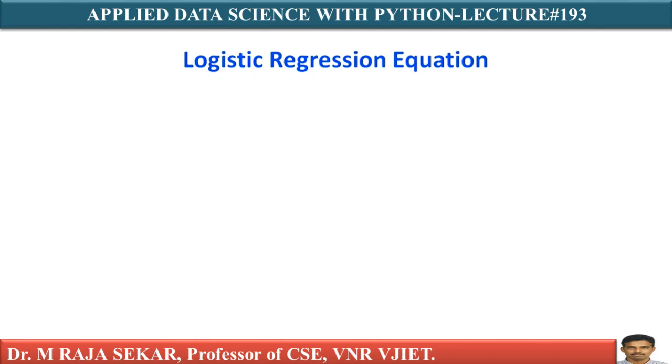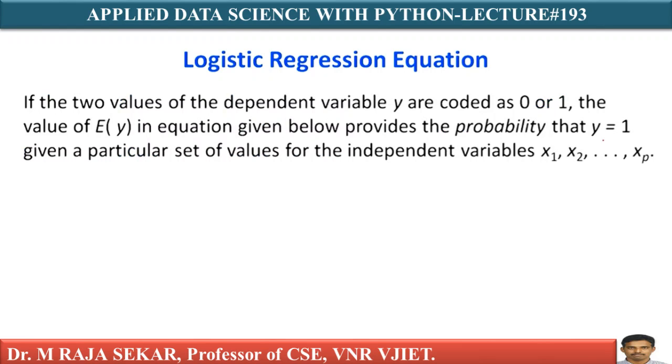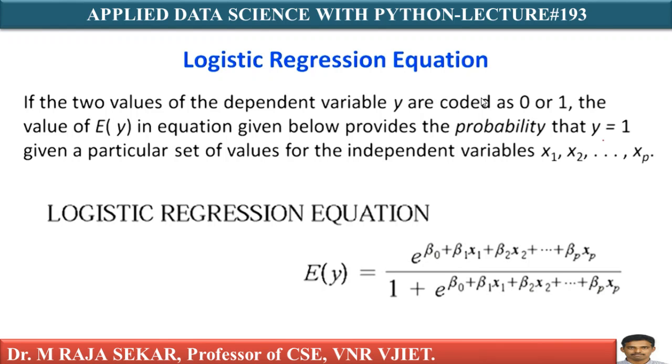First we will try to understand what the logistic regression equation is. See, if the two values of the dependent variable y are coded as 0 or 1, what is the dependent variable here? Coupon. The value of E of phi, that is the expected value, in the equation given below provides the probability that y equals 1 given a particular set of values for the independent variables x1, x2, and so on, xp.